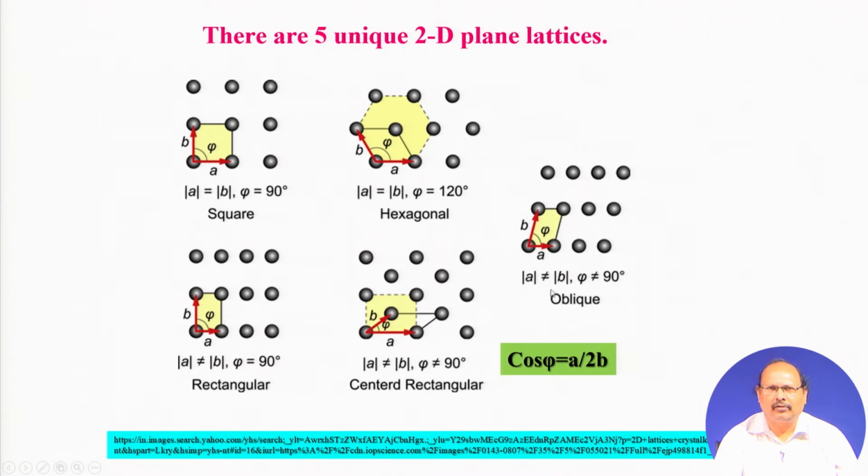We call this the oblique lattice, also called parallelogram. Now, we have the fifth type of lattice, the centered rectangular type of lattice. In the centered rectangular lattice, if this is a rectangle, apart from the lattice nodes lying at the four corners, you also have a lattice node at the center of this particular rectangle.